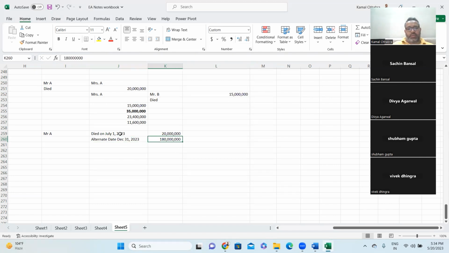Now on the alternate date, the value is either $18 million or let's say $22 million, right? So just keep this example in mind.